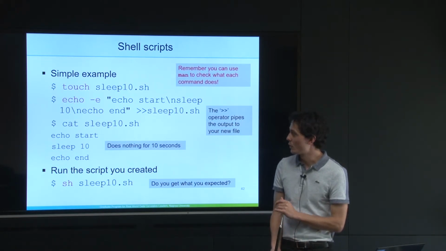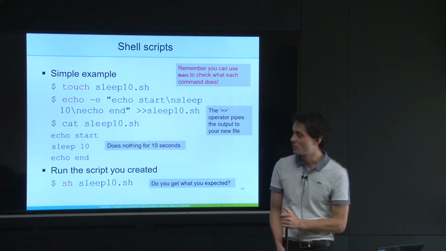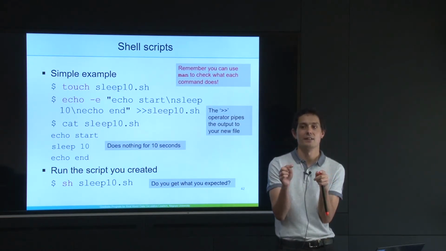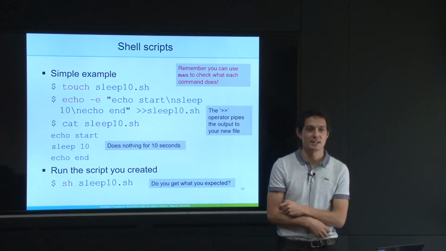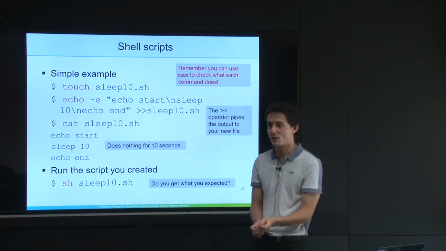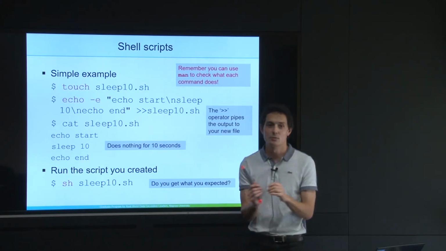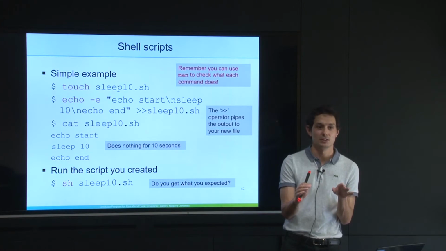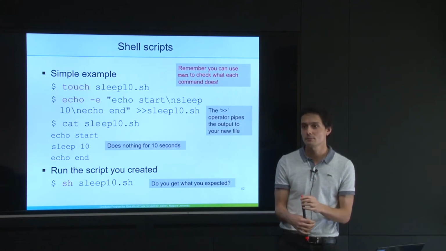So if everything goes according to plan, it should run that script, it'll print out start, and then it will just sit there and do nothing for 10 seconds, because remember, sleep is that rather useless function which just waits, and then it will print out end when it's finished, and you'll go back to the prompt.